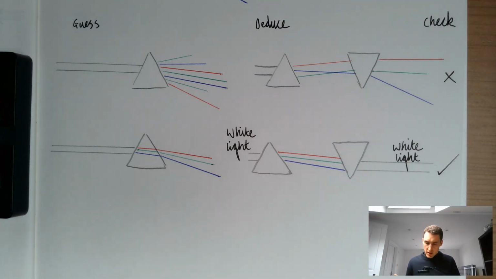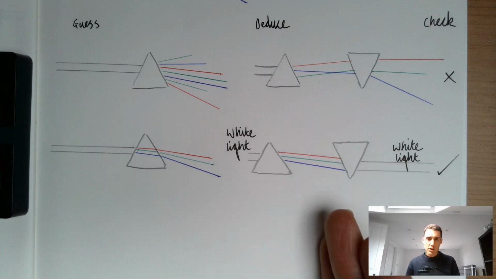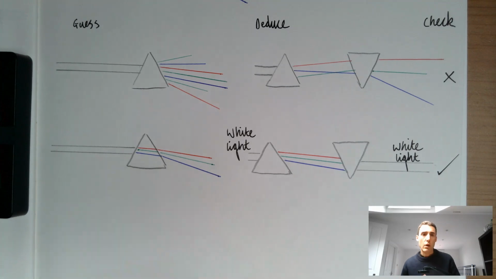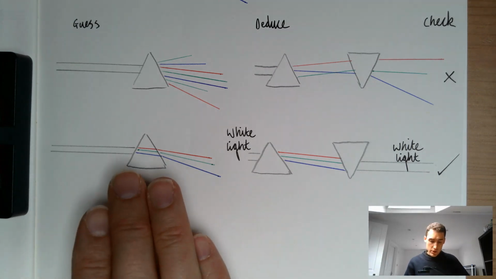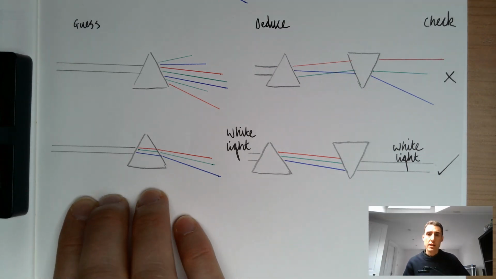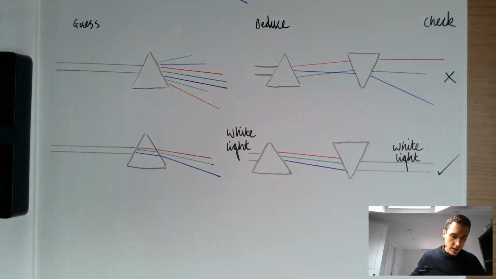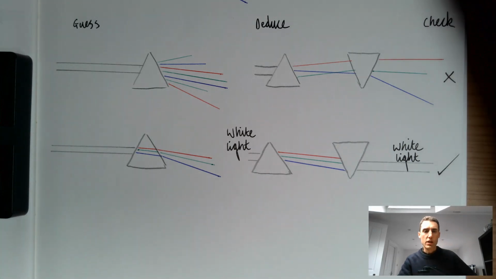But this is a nice example of how we can use experiment to check our deductions to work out whether or not a model is true. And in this case, this idea that it was caused by impurities in the glass was not true. It was actually something fundamental about white light itself. And this was Newton's great insight during his own experience of lockdown.